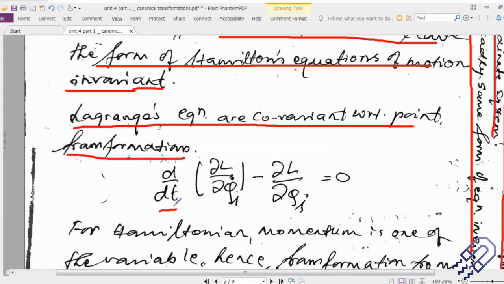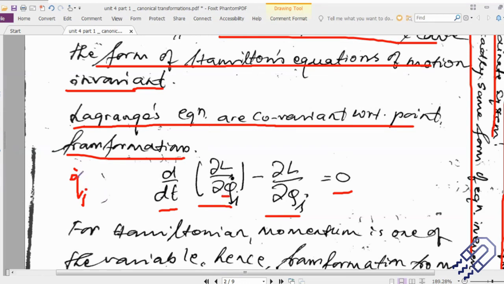So d/dt of ∂L/∂Q̇j minus ∂L/∂Qj is equal to 0. If you remember, in the coordinate system we talked about in terms of generalized coordinates, we wrote it as q dot, small q. Now here we are representing it by capital Q dot, because this capital Qj dot is nothing but the transformation that is happening.